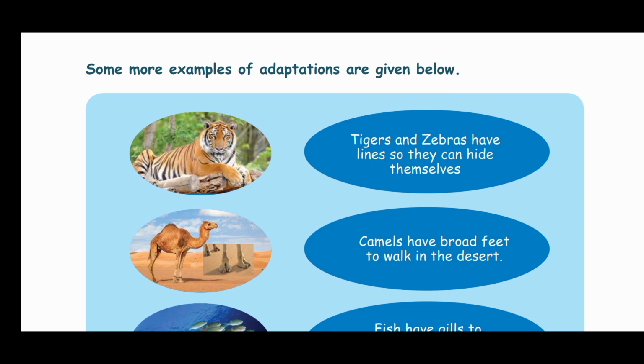Camels have broad feet to walk in the desert. The sand will be so thick, right? So we cannot walk on that barefoot, like human beings. So it has a special unique character, like broad feet, so that it can easily walk in the desert region.